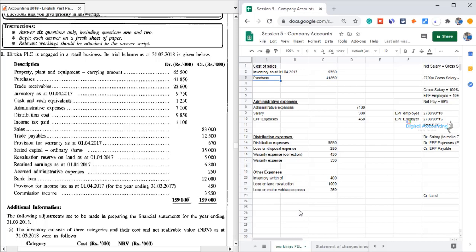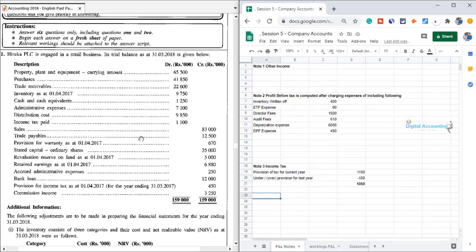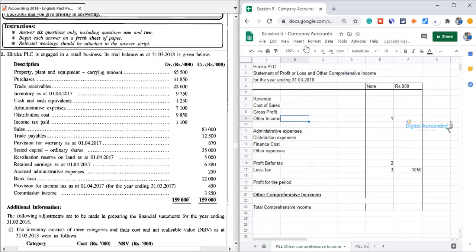Administrative expenses 7,100. We have done with that. Distribution cost 9,850. We have done with that. Income tax paid is 1,100. We have done with that. Sales 83,000. That's the revenue.